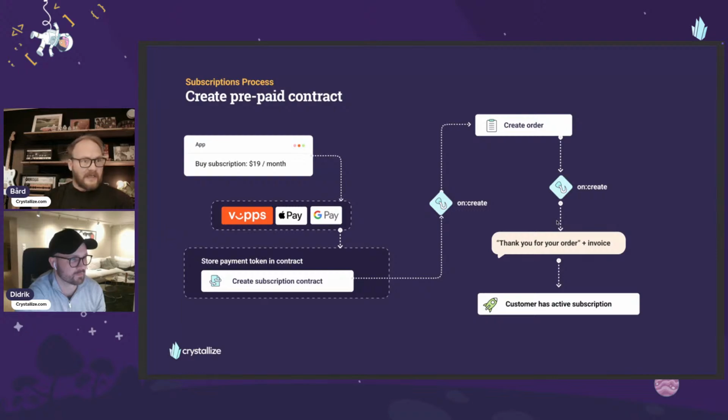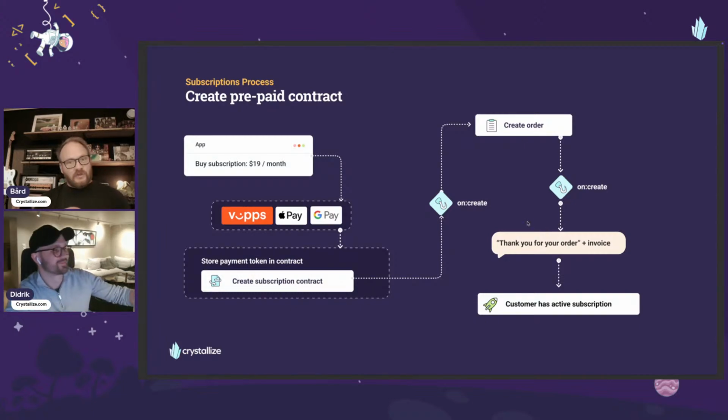Both result in the subscription being active, and again, if it's a digital service, that's where you would hook up the authorization so that you have access to the streaming service, or whatever digital service or software app that you have. So those are the initial process, right?